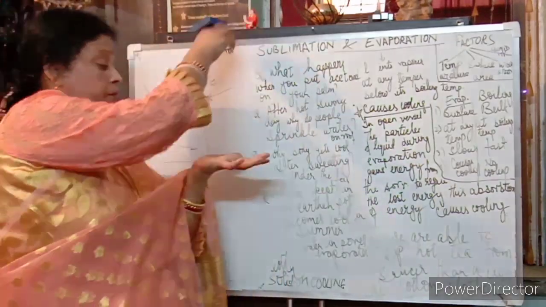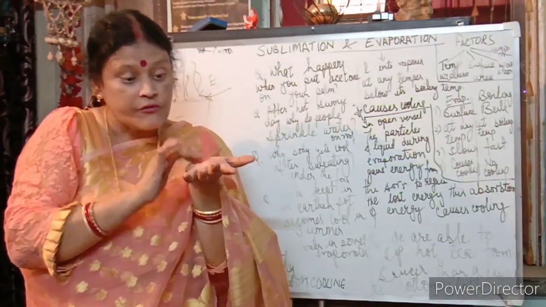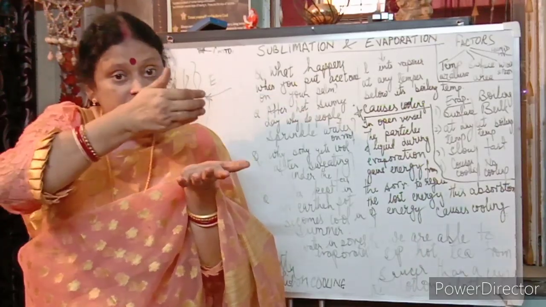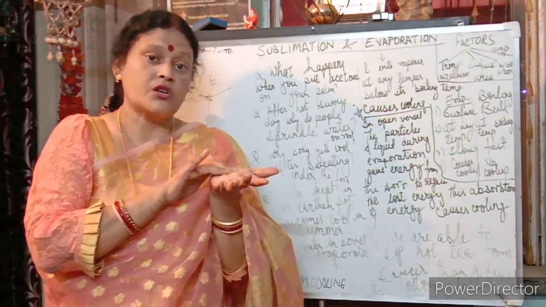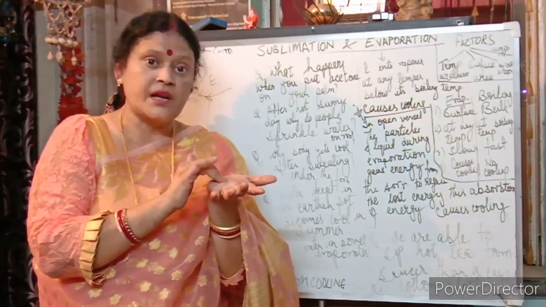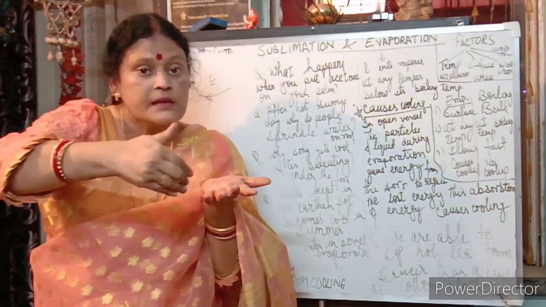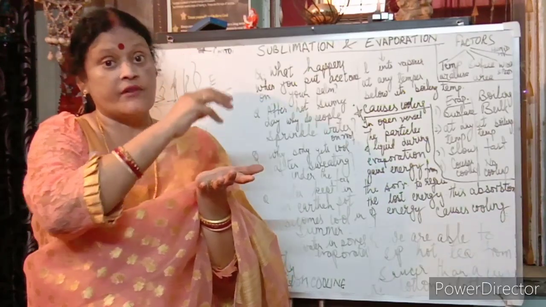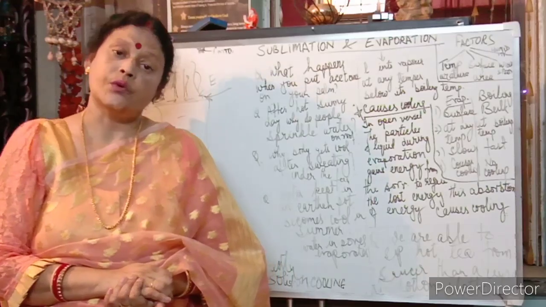It starts evaporating, and that surface from where the evaporation is going on will gain energy from the surrounding to regain the lost energy, which is lost due to evaporation as heat. That space now causes cooling.